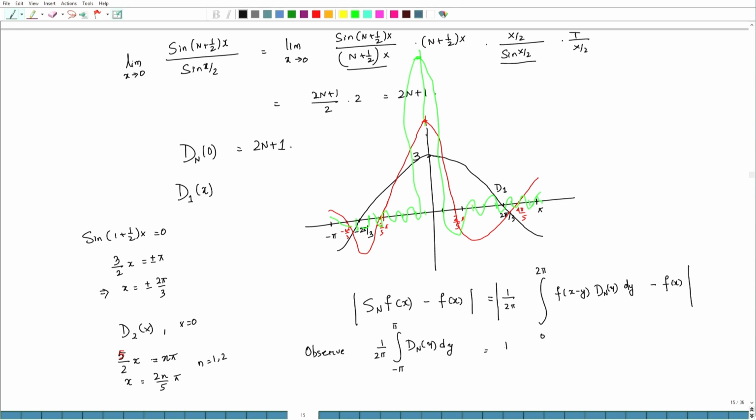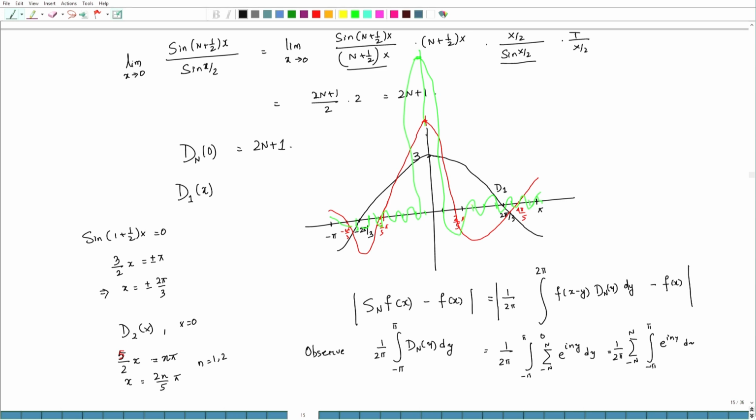This is equal to 1 by 2 pi, minus pi to pi, of the summation from minus n to n of e to the power i n y dy. Again, this is a finite sum. We take this integral and interchange the integral and the sum. So what we get is the integral from minus pi to pi of e to the power i n y dy.